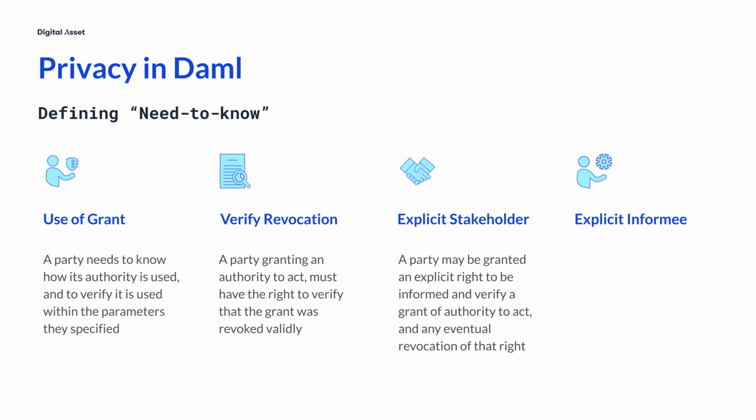So they also require not only a right to be informed, but a right to verify what happens. Therefore, along with the previously discussed parties who have an implicit need to know, a party may be granted an explicit right to be informed and verify a grant of authority to act, and any eventual revocation of that right.